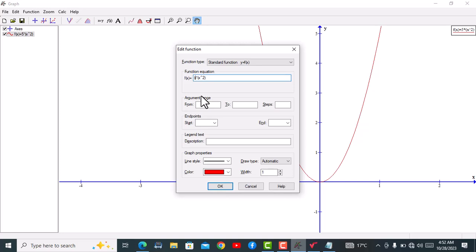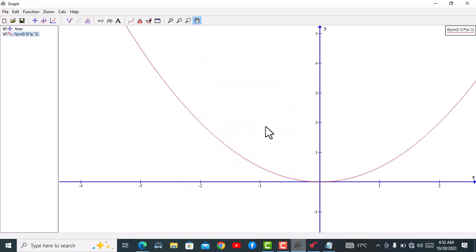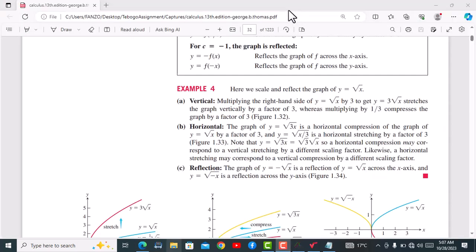So let me just use 0.5. And I want us to notice what is going to happen. You see, in the case of a parabola, when c is greater than 1, it compresses the function. When c is a fraction, it widens the function. The function stretches the way it should.